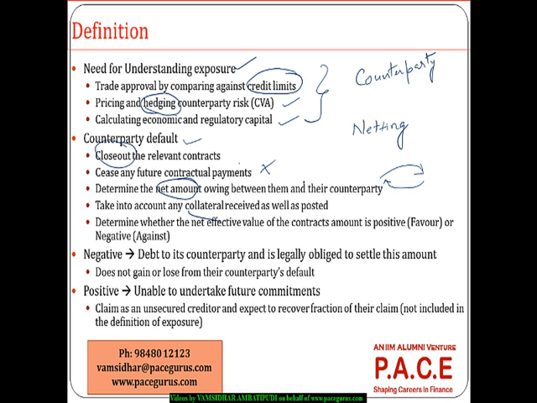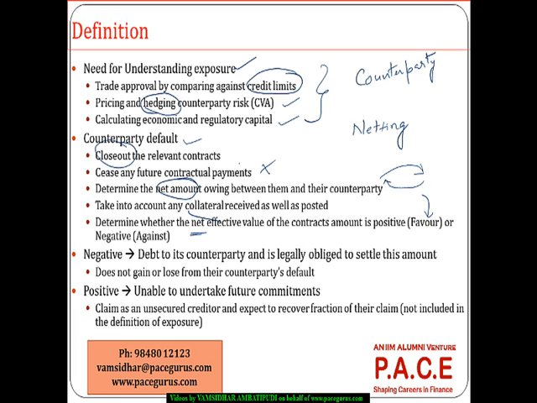Any received collateral, I'll deduct from the exposure. Any posted collateral, I'll add to the exposure. After that, I see the final net, whether it is positive. If it is positive, it's actually in favor of the institution. The institution will be receiving money from the counterparty because of the default.